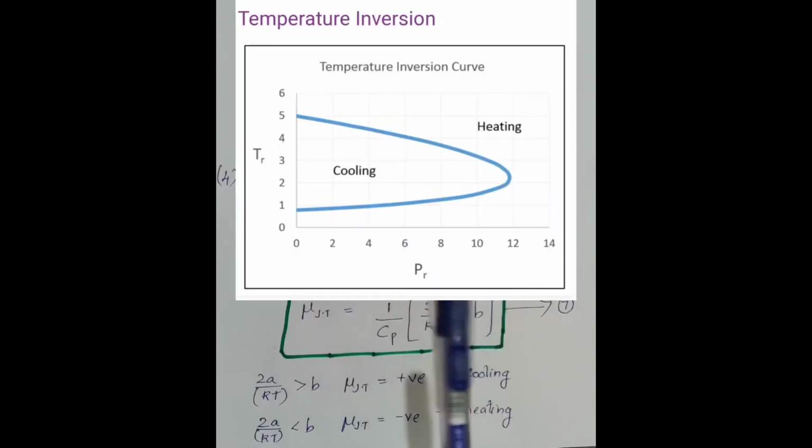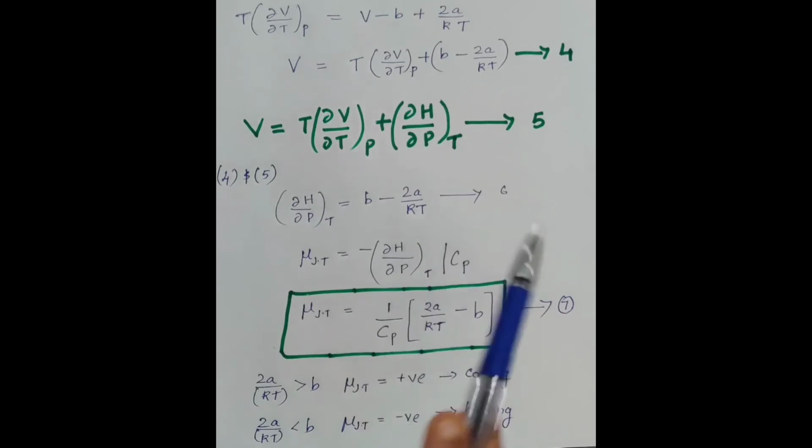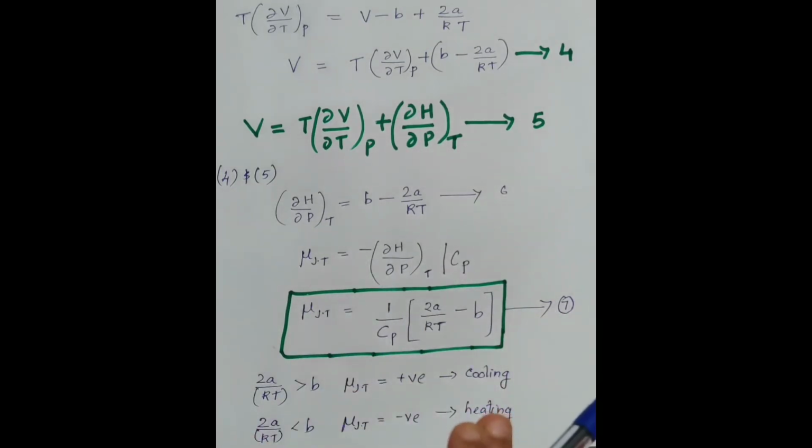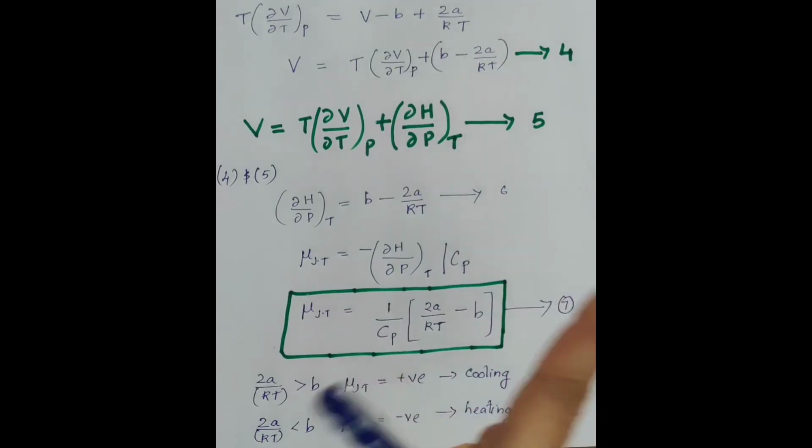From this equation it is obvious that since A, B and R are constants, it is the value of T, the temperature, that determines the sign of μJT, whether it is positive or negative. Below a certain temperature, μJT is positive, and above a certain temperature, μJT is negative, and at that temperature, μJT is equal to 0.